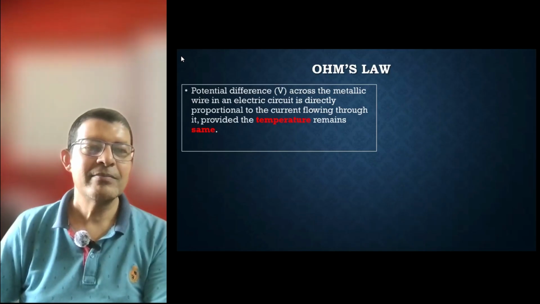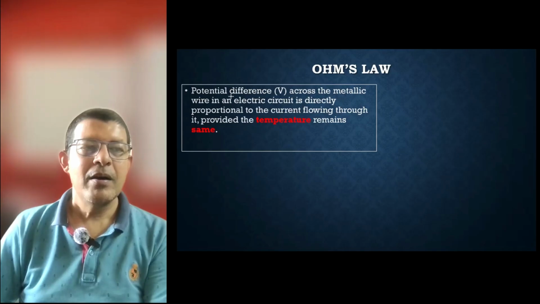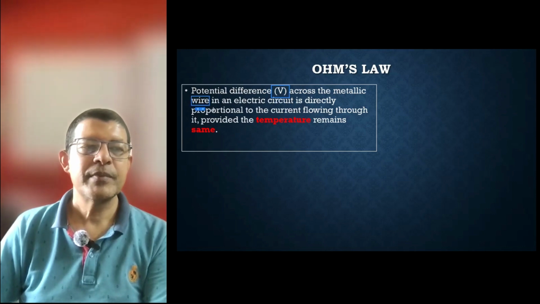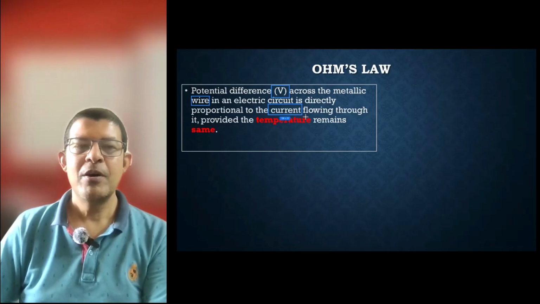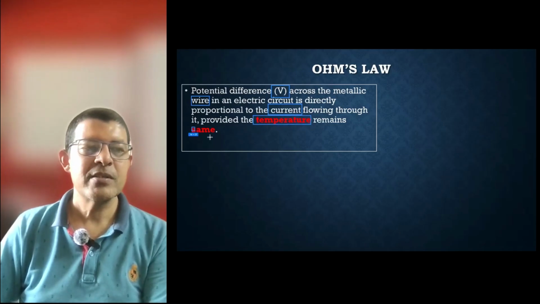Ohm's law states that the potential difference across the metallic wire in an electric circuit is proportional to the current flowing through it, provided that the temperature remains same. Okay, this is Ohm's law.